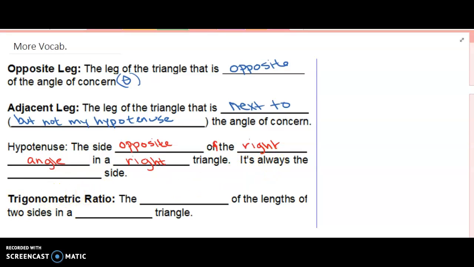And we know that the hypotenuse is always the longest of the three sides. And just in general, trigonometric ratio, it's just the ratio of the lengths of two sides in a right triangle.